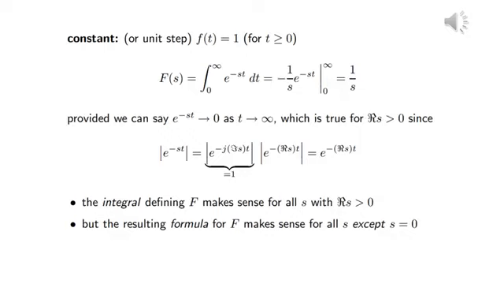We can confirm this statement, f of t equal to 1 if u of t, with the table presented in slide number 6. The table also states that if f of t is equal to 1, its F of s, which is the Laplace transform, will become 1 over s.